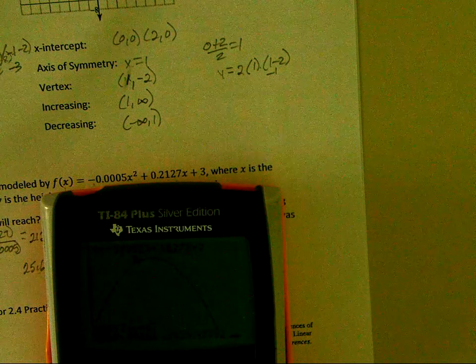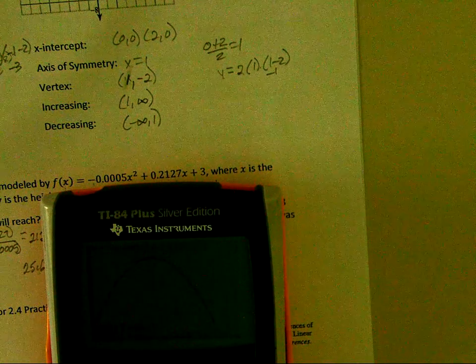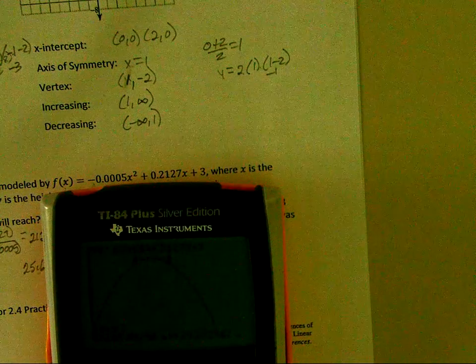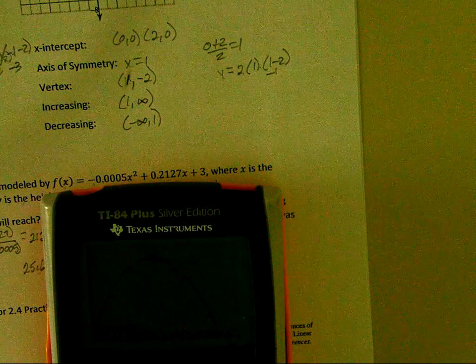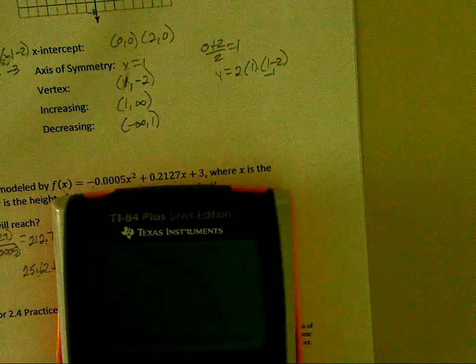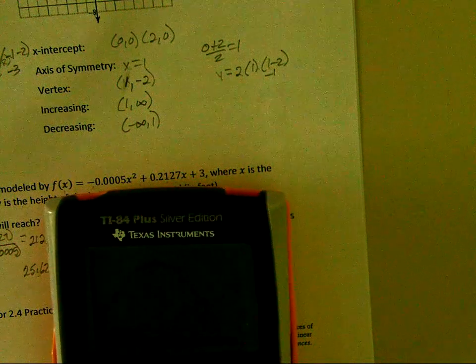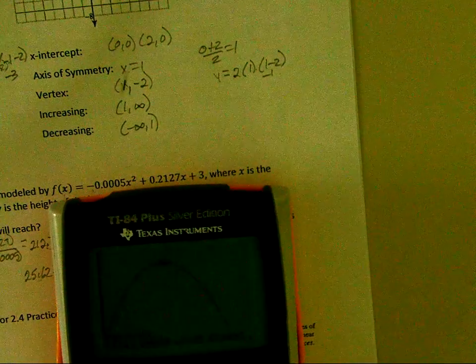Then it'll say right bound, so I move it somewhere right of the top of that parabola and hit enter. For guess, I hit enter one more time, and it gives me the same answer: 212.6 something, about 212.7 feet and 25.62 feet.